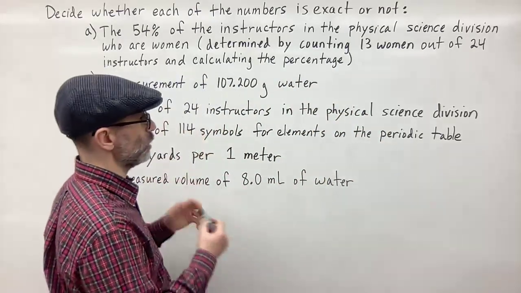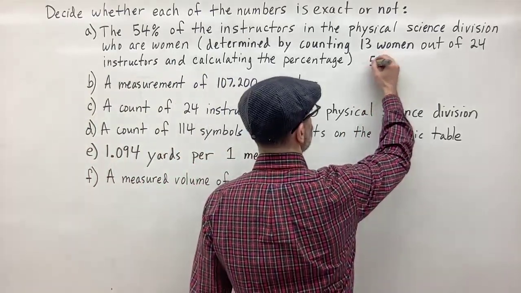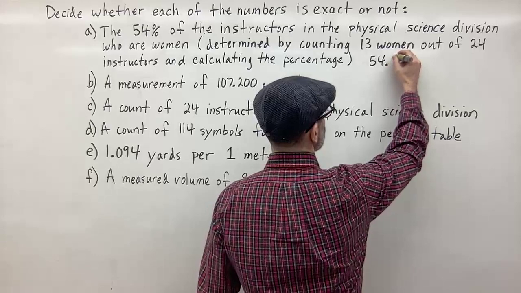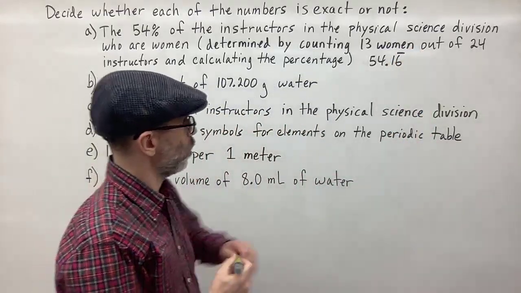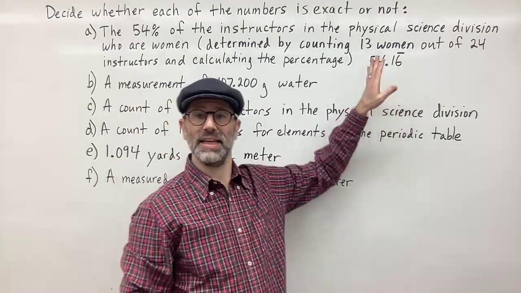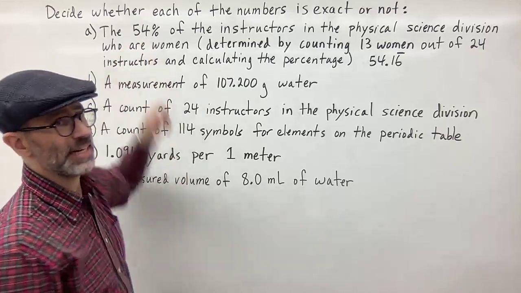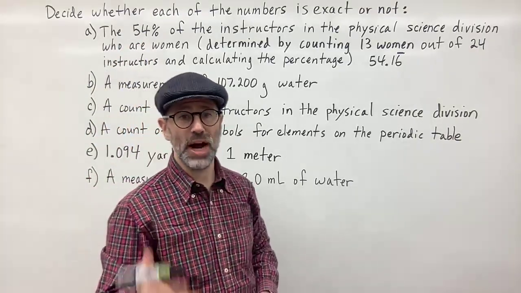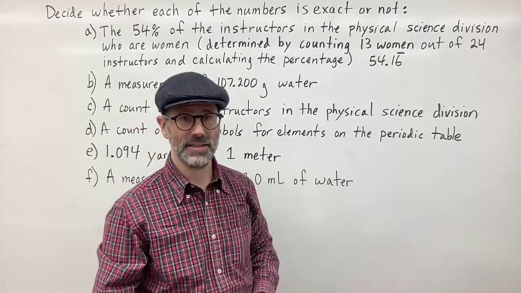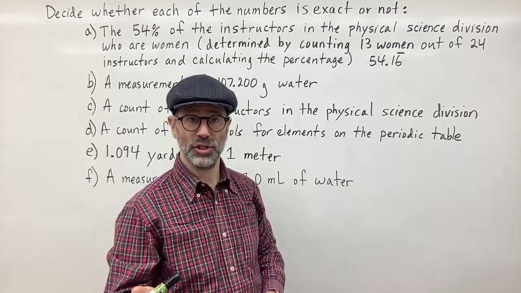However, when you calculate the percentage, you get 54.16 and so on. So this 6 goes on indefinitely. So the 54% that we're giving here is rounded. If the percentage is rounded, it's not exact. So then it's going to be an inexact measure.